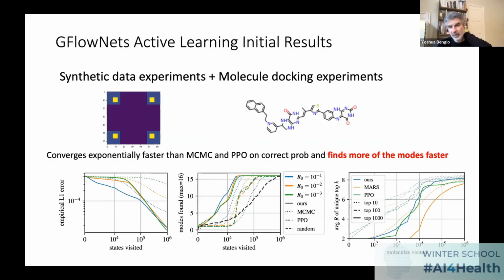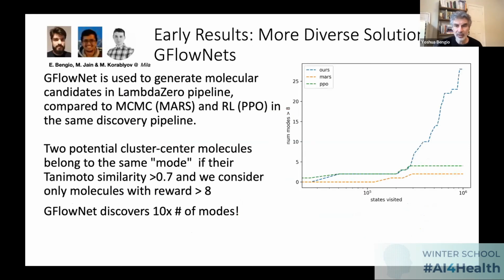And if you look at the top 10 or something like this, it really finds better solutions, but in addition, it finds more diverse solutions. So that's the figure here. Again, on the x-axis is the number of queries that we've made to the reward function. On the y-axis is the number of modes.